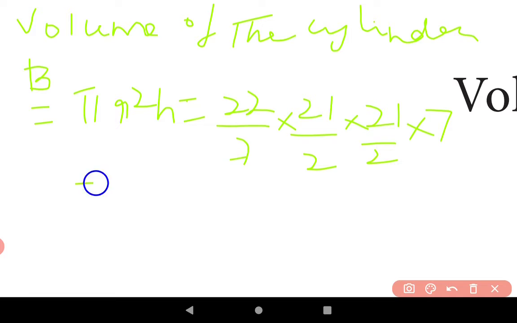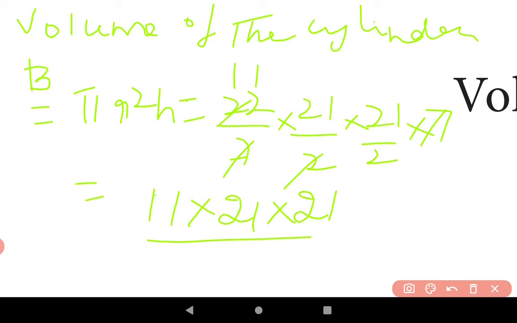Now I can cancel this 7 with this 22 to get 11. Let us multiply 11 into 21 into 21 divided by 2.